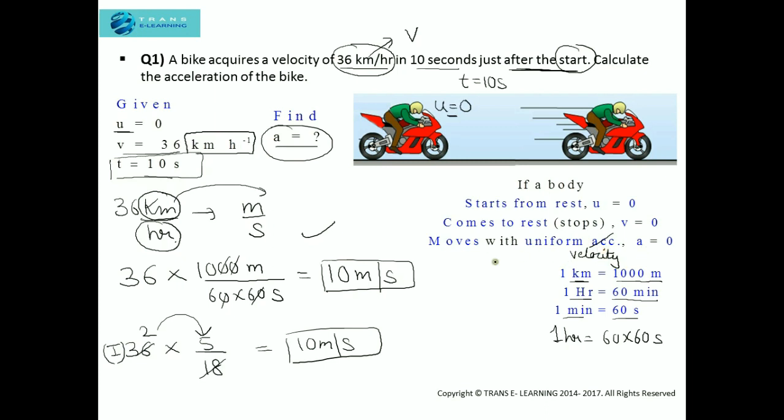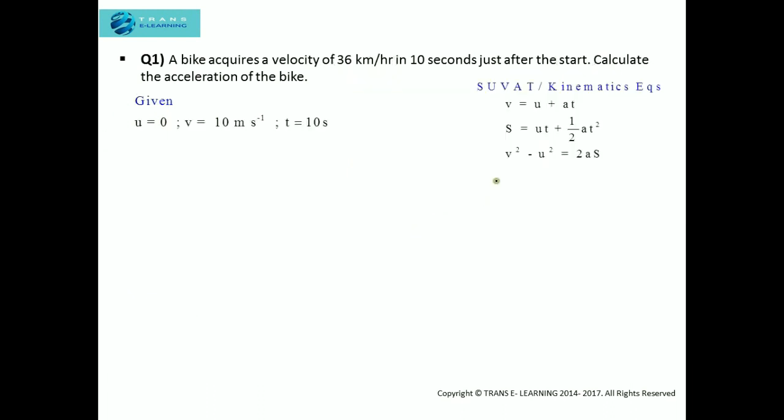Uniform velocity means that when the initial and final velocity are equal, in that case the acceleration is 0, not with uniform acceleration. But in this case the initial and the final velocities are different, so we will not take this point into consideration.